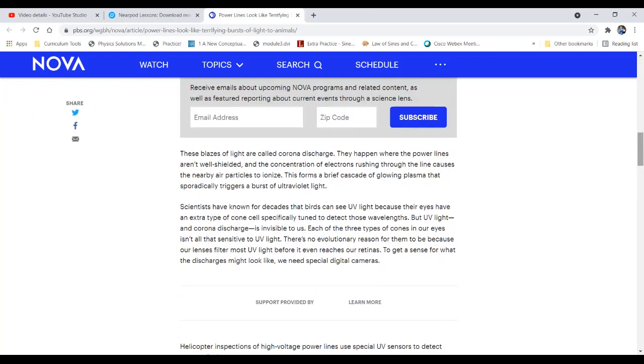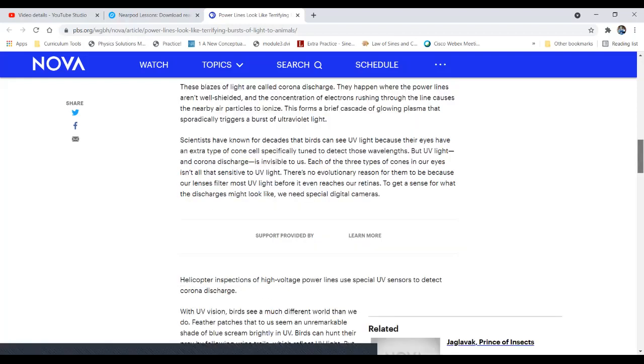You know, that's what electricity is. However, when the lines aren't shielded, they interact with the air particles and they create ions. They ionize the air. And so it would look like this cascade of glowing plasma, basically like tiny little bolts of lightning coming off of the power line. And they realize that a lot of animals, that's what they see.